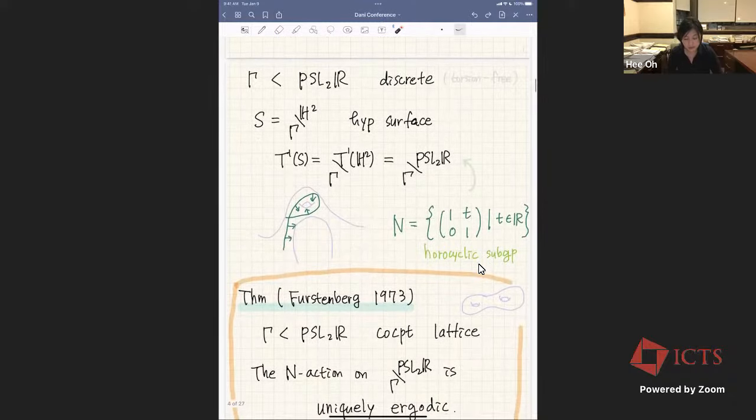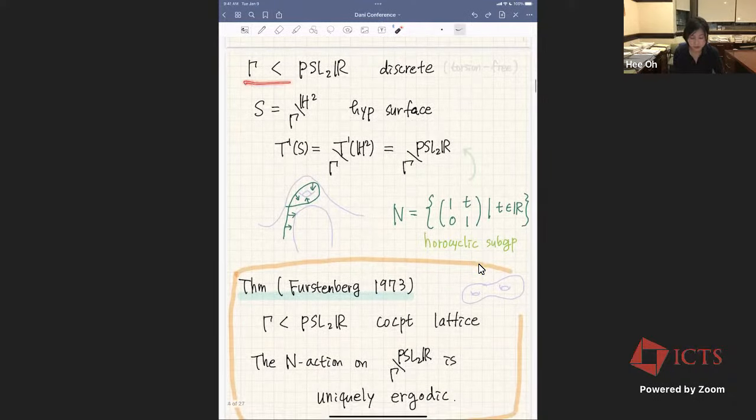And now if you have a discrete subgroup gamma of PSL2R, then the action of gamma actually commutes with the horocycle flow and geodesic flow. So actually everything passes through under the quotient map. So if you have a discrete subgroup, and let's assume gamma is also torsion free so that we have a quotient surface, then H2 over gamma is a hyperbolic surface. And the unit tangent bundle of this hyperbolic surface is the same as the unit tangent bundle of H2 mod gamma, which is exactly our homogeneous space PSL2R mod gamma.